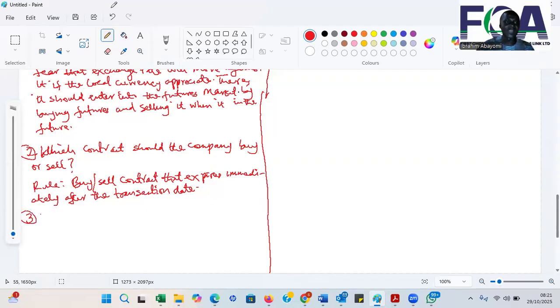Number three, how many contracts? Don't forget, this market is standardized. It's a standardized contract. So you need to decide how many contracts you need to buy or sell to hedge your exposure.